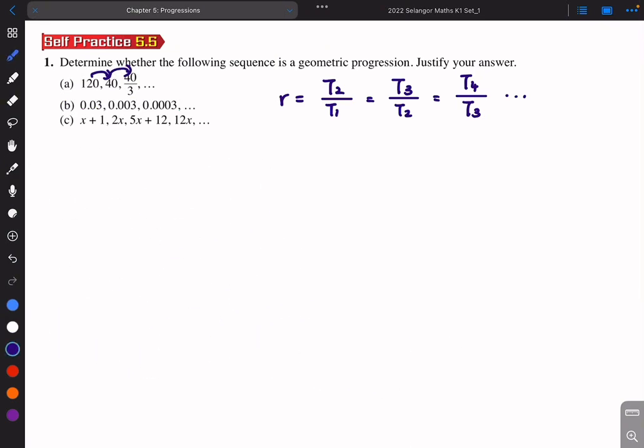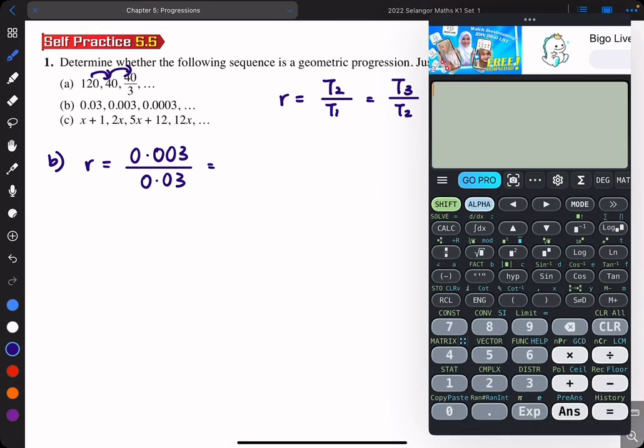Let's try question B. So same thing. First we find the R of T2 over T1. Here we get 1 over 10. And then we find the second R with T3 and T2.